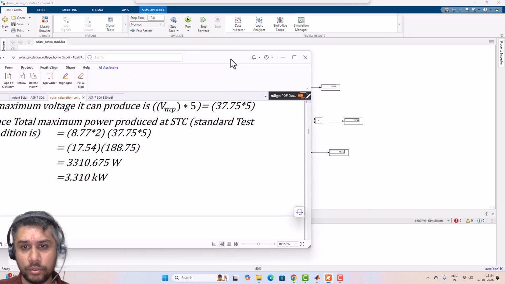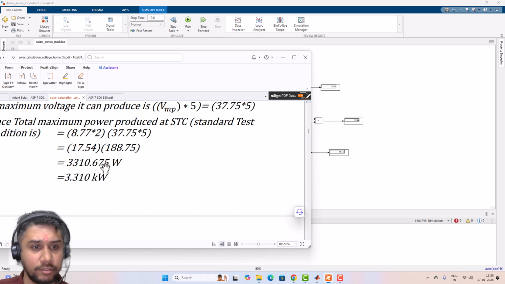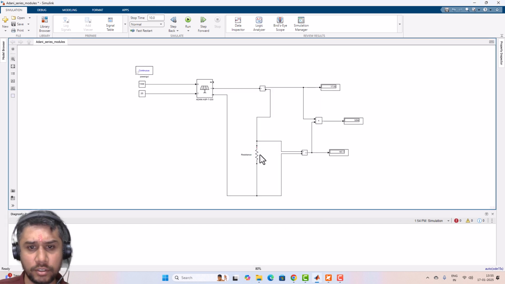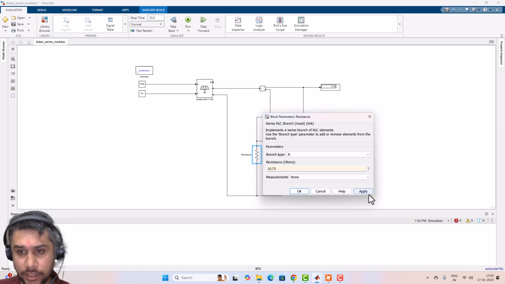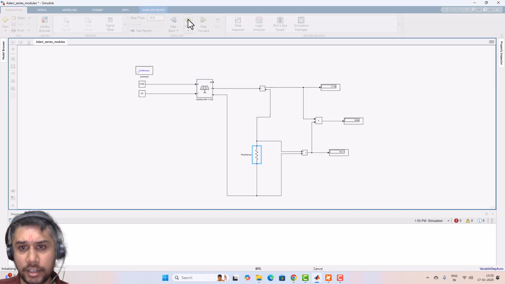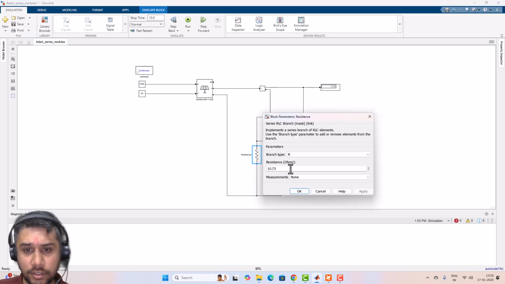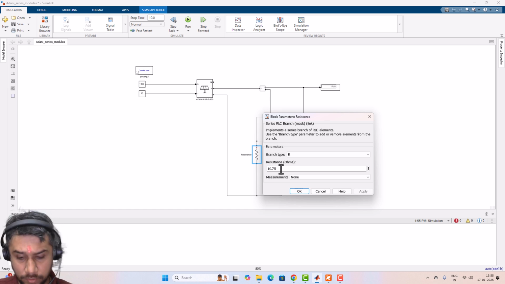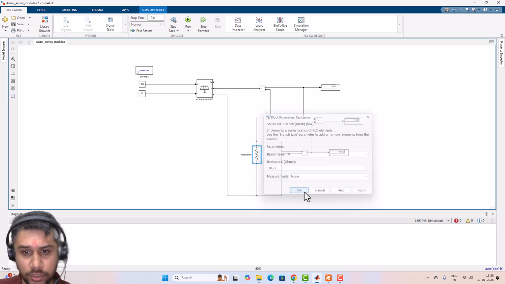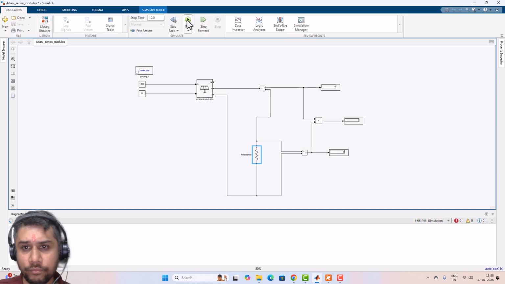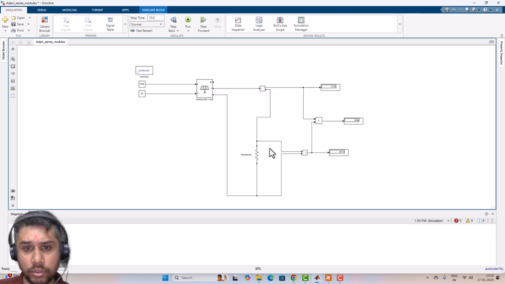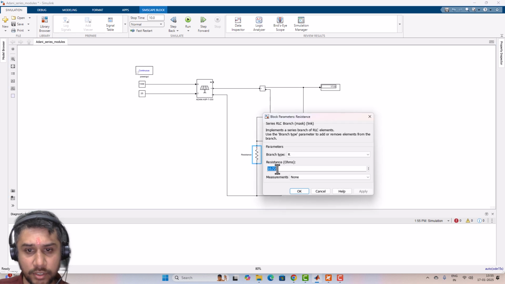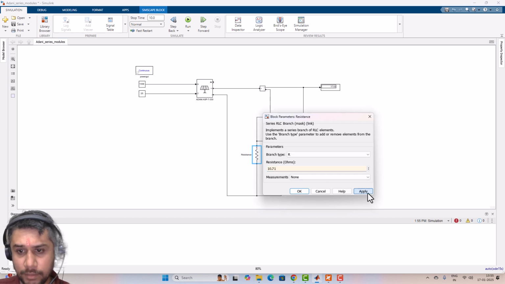So 17.55 is the current, 188.75. Let me smooth it for some more value, 10.75, apply and okay, let me run it again. It increases, so 10.72, apply and okay, let me check the value again. 17.53 the value of current, and 17.54, okay, so I have to reduce it further, 10.71, apply and okay.